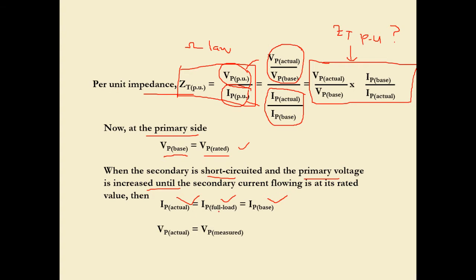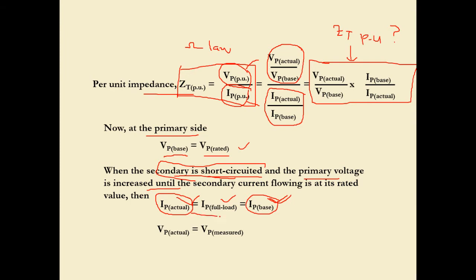So the IP actual is equal to the IP load, since the secondary part is short circuit, okay? Then this has been picked as IP base as well. And from this relationship, IP actual equals IP load, or equals IP base.